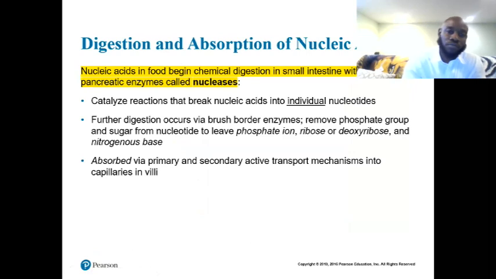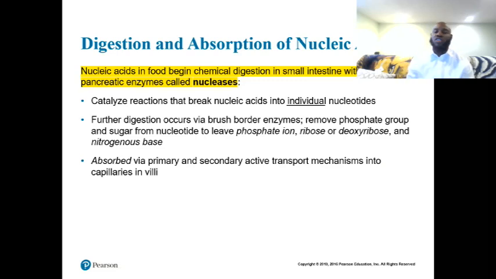Nucleic acids. Nucleic acids in food begin chemical digestion in the small intestines with the help of your pancreatic enzymes called nucleases. They catalyze the reaction, breaking nucleic acids into individual nucleotides. Digestion occurs via brush border enzymes, which remove the phosphate group and sugar to leave phosphate ion, ribose, deoxyribose, and nitrogenous base.